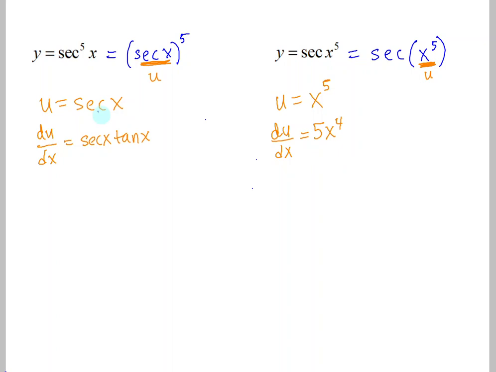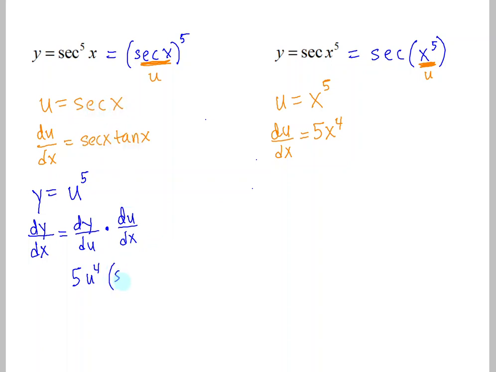Let's continue with just this first problem on the left. If I say u is secant x, that simplifies y to be u to the fifth. So when I take the derivative, dy/dx, that means I need dy/du times du/dx. dy/du, the derivative of y with respect to u, is 5u to the fourth. du/dx, the derivative of u with respect to x, is secant x tangent x.